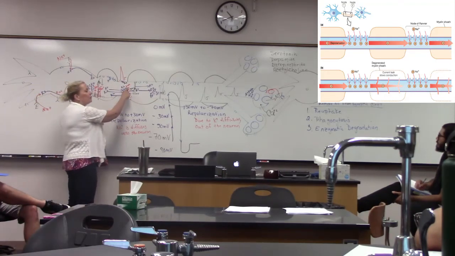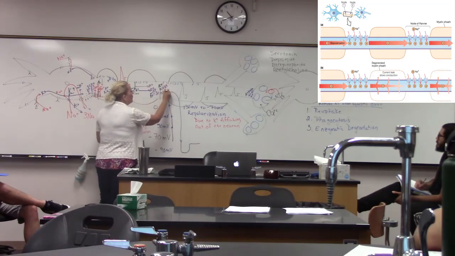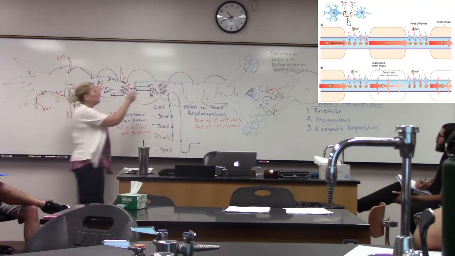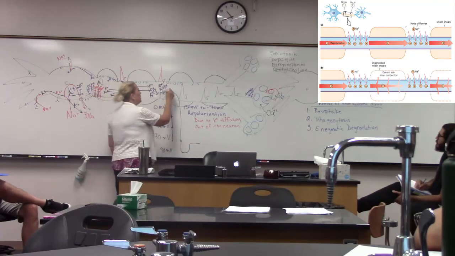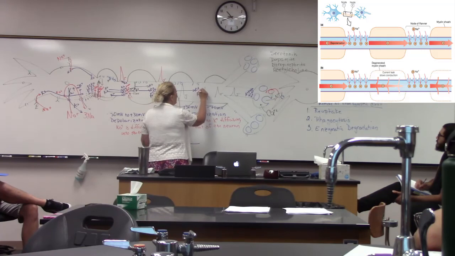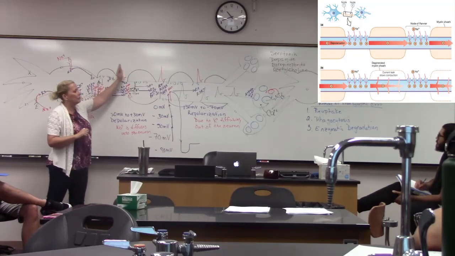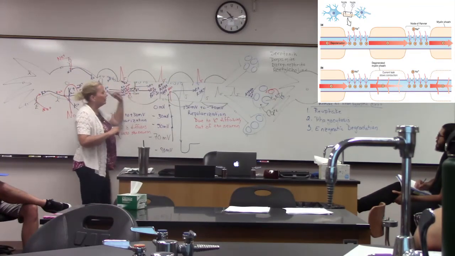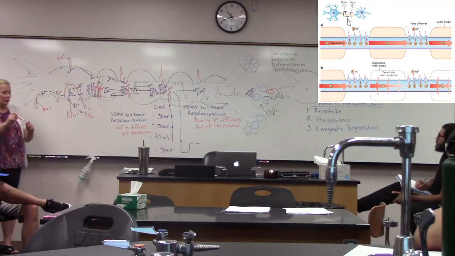Then our sodium diffuses in and would repel our potassium again to this region where there's no myelin. So we would skip and have another action potential here. Sodium would diffuse in, and we'd repel our potassium to the next area where there's no myelin, and you have another action potential here. Instead of having to have action potentials all the way down, you're jumping to all those areas where there's no myelin so that you can have more rapid movement of action potentials.